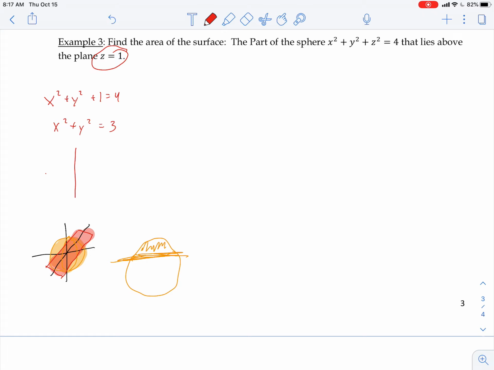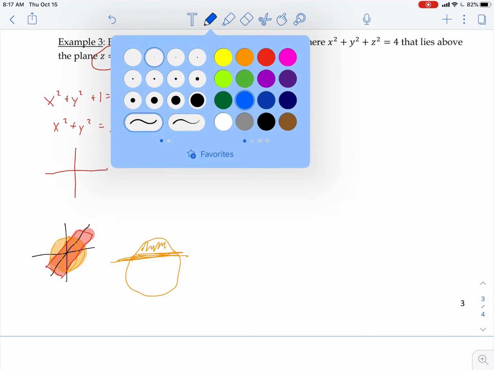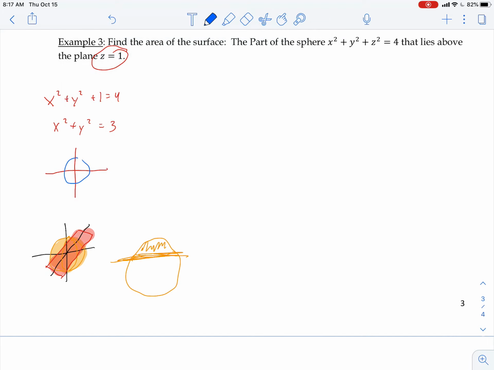So when I set these equal to each other, and when I'm drawing the actual region above, I'm drawing this at z equals 1. The region has radius radical 3, negative radical 3.